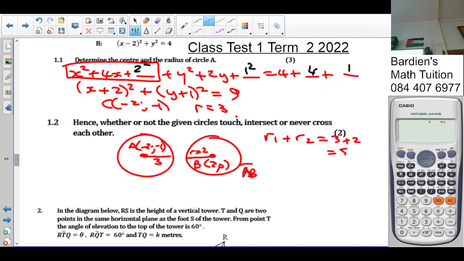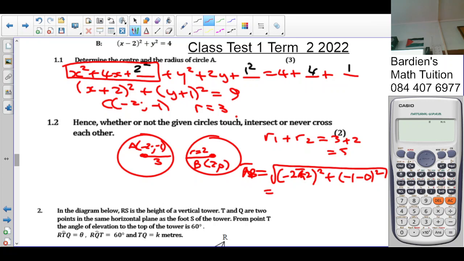So AB is equal to the square root of negative 2 minus 2 squared plus y, which is negative 1 minus 0 squared. Okay, so that's going to give you negative 4 squared is 8 plus 1 is 9.